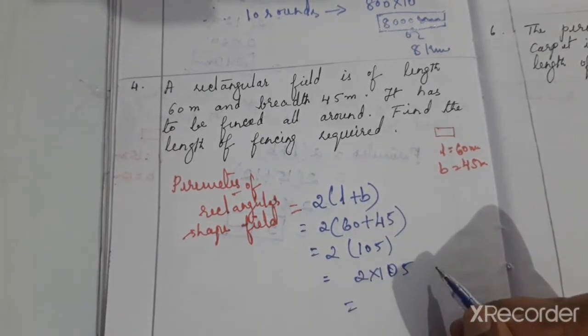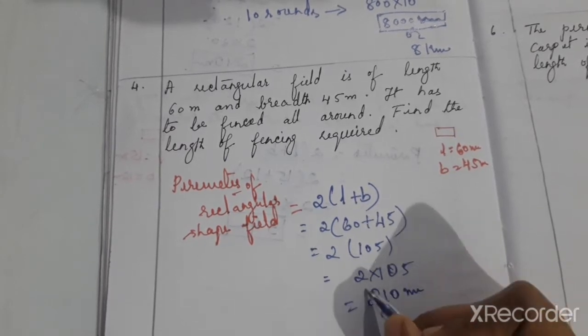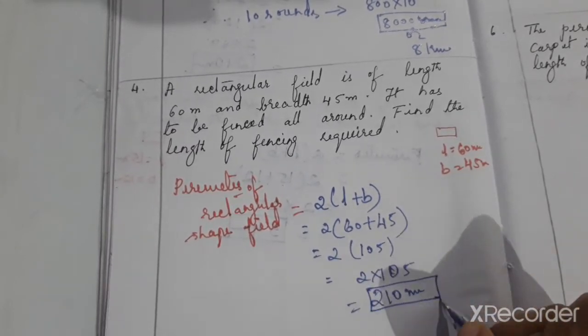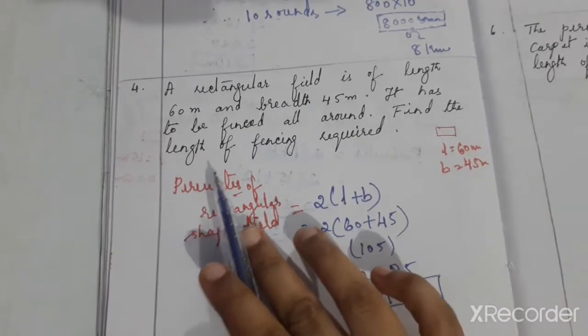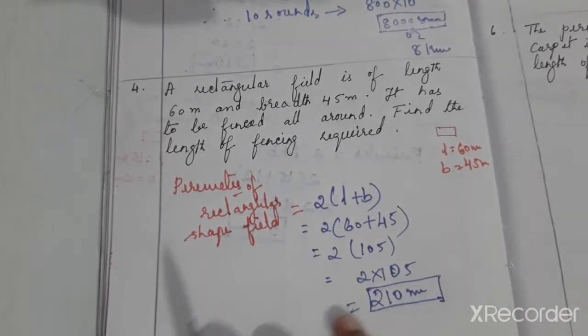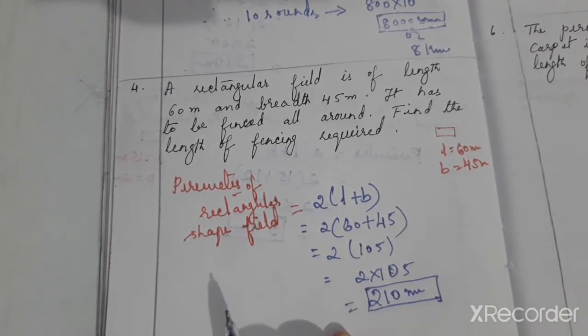How much is 2 into 105? It means 210 meter. The perimeter of the rectangular field is 210 meter. So the length required to fence the field is 210 meter.